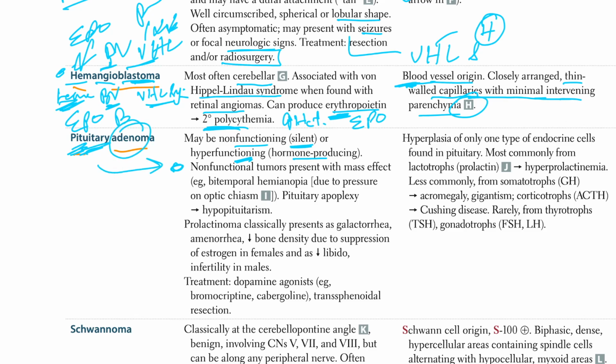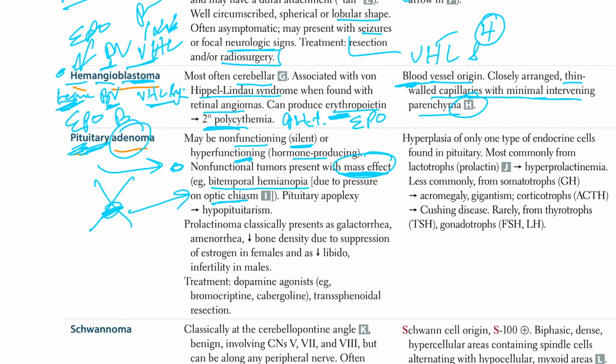It's not going to produce any hormone of the pituitary. So it's going to present with mass effect. That mass effect will give you bitemporal hemianopsia due to pressure on the optic chiasm. So it's going to compress that optic chiasm, and when it compresses the optic chiasm, it's going to cause bitemporal hemianopsia.